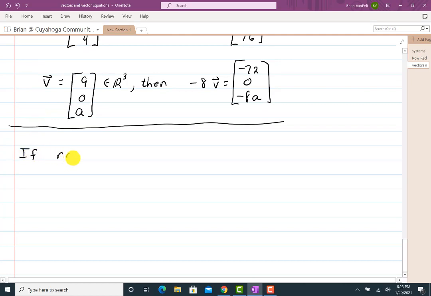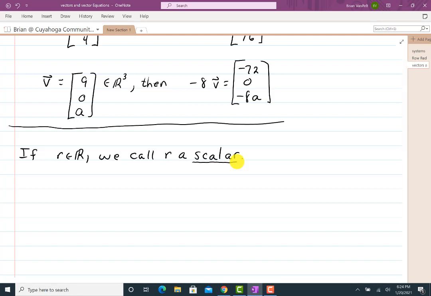If R is in R, so if R is a real number, we call R a scalar. The reason why is because when you multiply R times a vector, as we saw before, the length of the vector is adjusted. It gets longer by a factor of whatever R is.